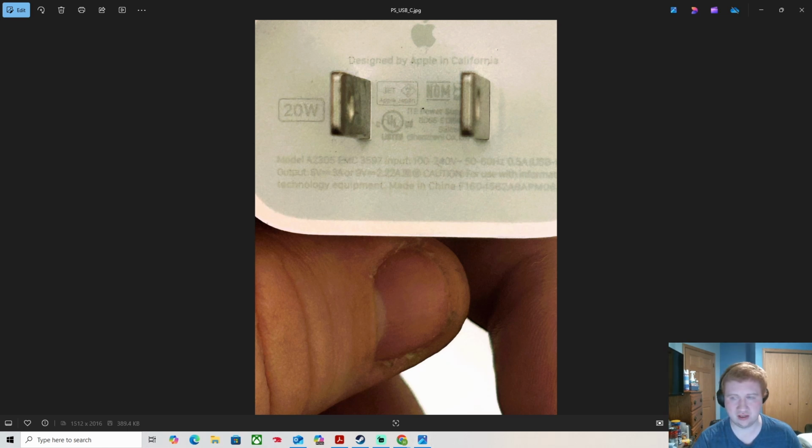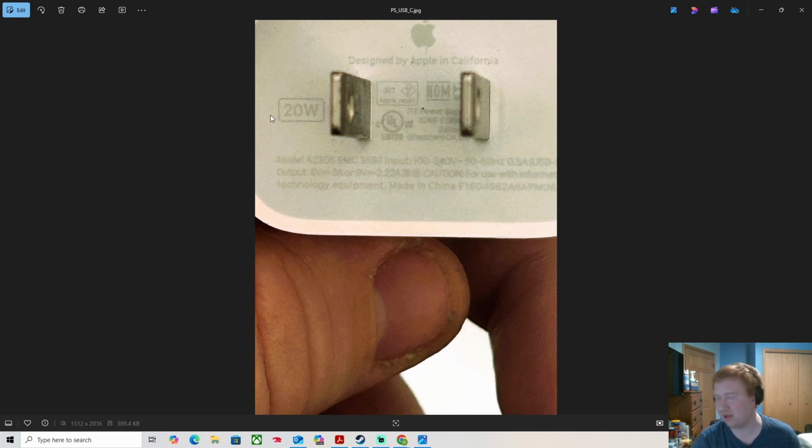So this is going to be the same wattage either way. Technically 3 amps at 5 volts is 15 watts, but 9 times 2.22 is 19.98 watts. So 20. They're just rounding up. So it seems the practice is that these chargers are giving the absolute maximum wattage output.